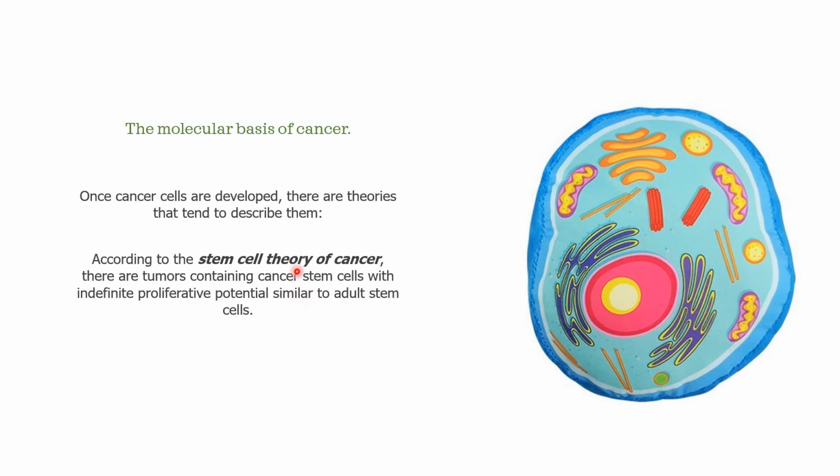It's actually correct. Merong mga cancer stem cells. And according to this theory, these stem cells are highly proliferative. Okay, mabilis sila magparami. They're almost similar to adult stem cells. So yung mga stem cells talagang nagpaparami, okay, those kinds of stem cells.